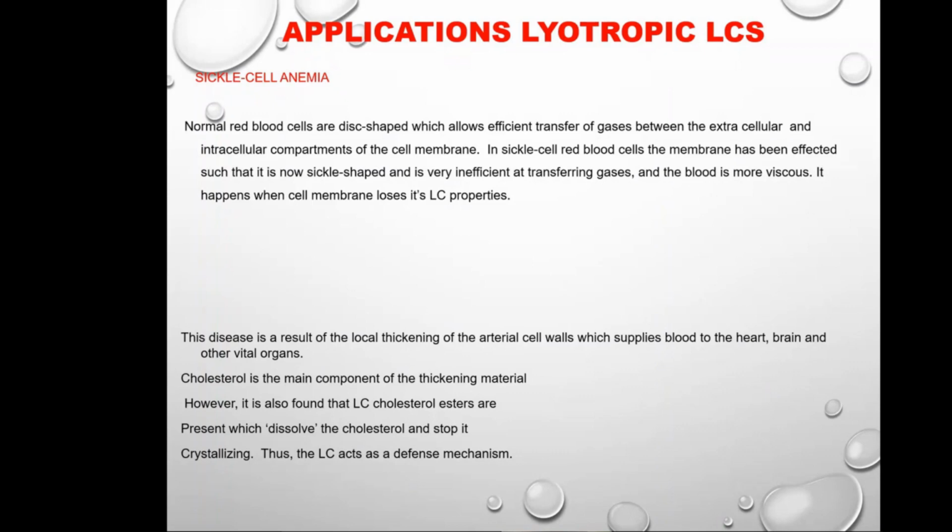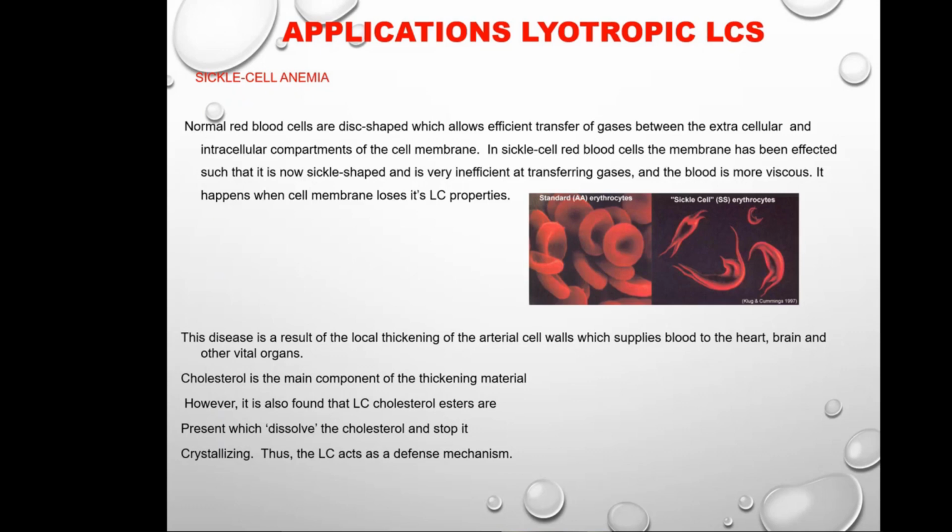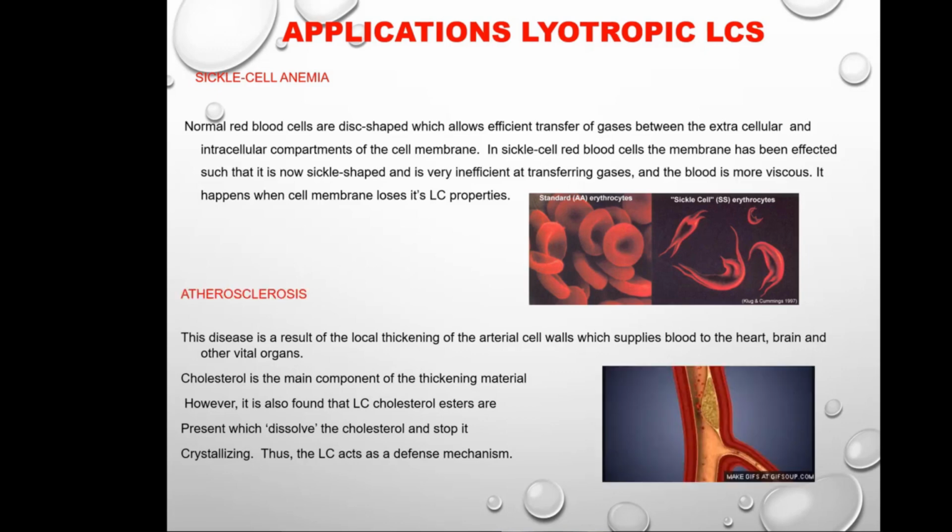It happens because these cells, erythrocytes, are losing their liquid crystallinity. So, one of the reasons when the cholesterol starts to build up in the veins, also it's not a liquid crystal anymore. It may cause the clogging of the veins.